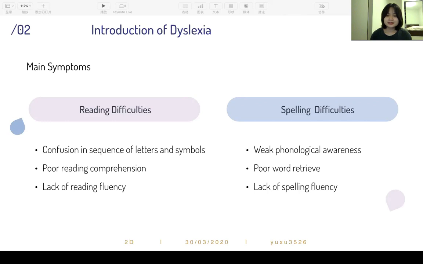Dyslexic people may have one or more of the symptoms. The detailed symptoms are more complex and more difficult. It's hard to think that two dyslexic people have the same detailed symptoms, so the methods of overcoming reading disorders may vary.